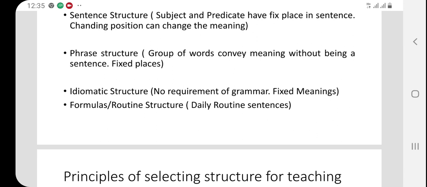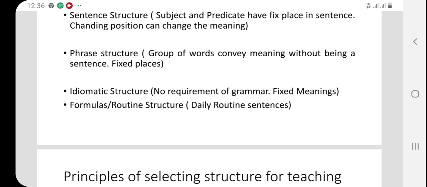Then we have idiomatic structure, the idioms that we study in our FSc, then BA, then MA, in all these classes, specifically till BA. In our English compulsory courses, there are idioms like blue blood, Aladdin's lamp, jack of all trades, tongue in cheek.